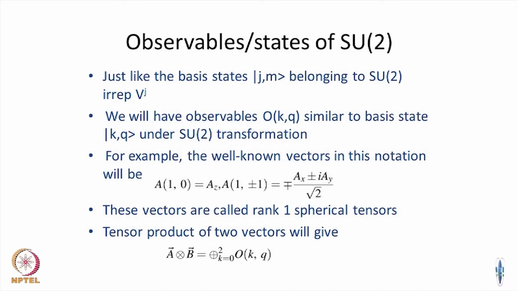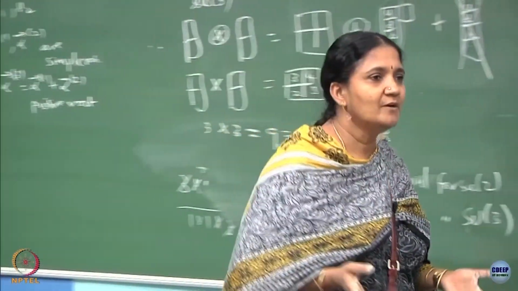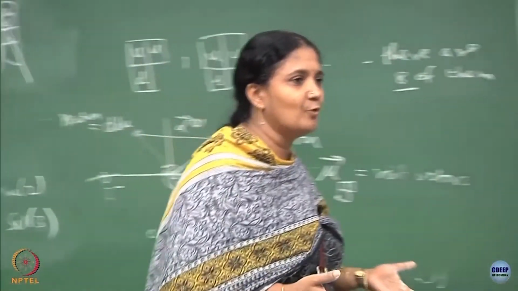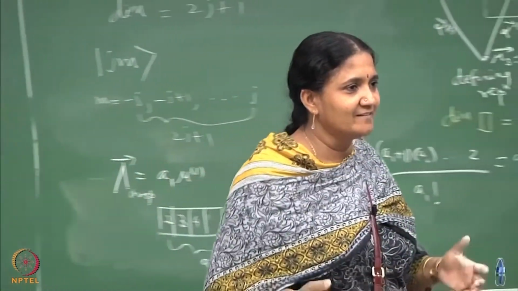The next question is about observables. Remember, when we did the selection rules, I said that every irrep is not only applicable to the states or the basis states, primary basis, binary basis or tertiary basis, but you can also apply it to the electric dipole moment vector, magnetic dipole moment vector, quadrupole moment vector and so on.